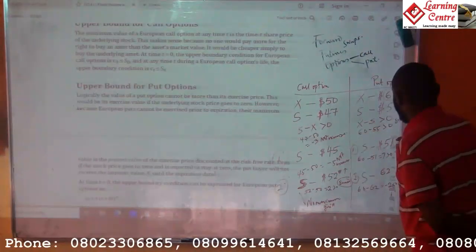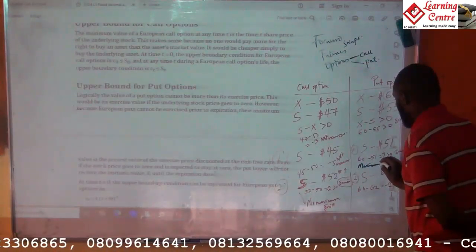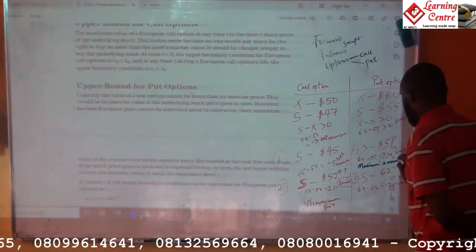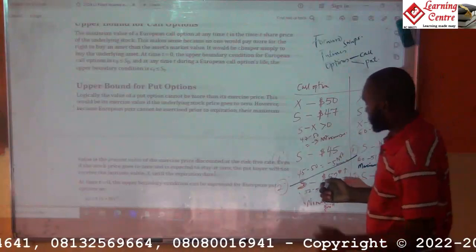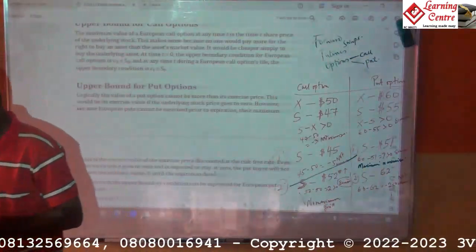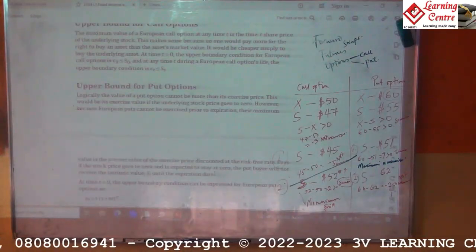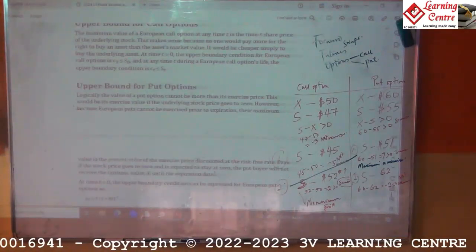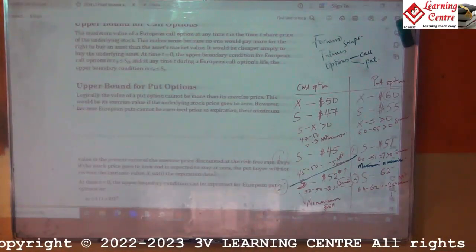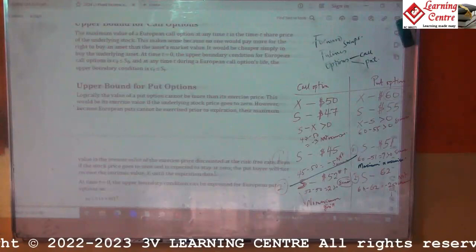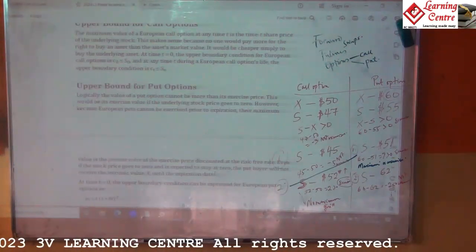So the maximum here is the exercise price. So this and this are what we need to know. So the maximum for a call is the strike price. The maximum for the other one is the exercise price. Okay.